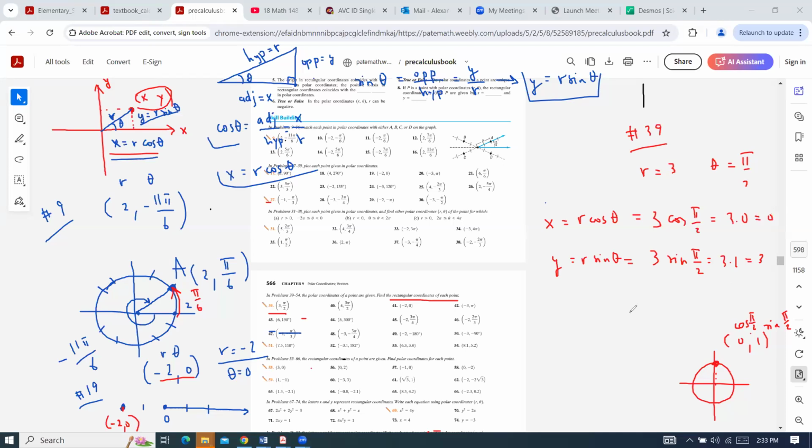If you wish to make a picture on the xy plane of that point, the coordinate for x will be 0, so we're on the y-axis, and y will be 3. So the point is right here, 0 and 3. Notice the pair 3 and pi over 2 does not have much to do with this 0 and 3.